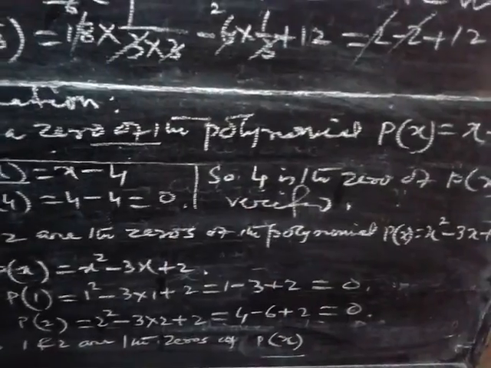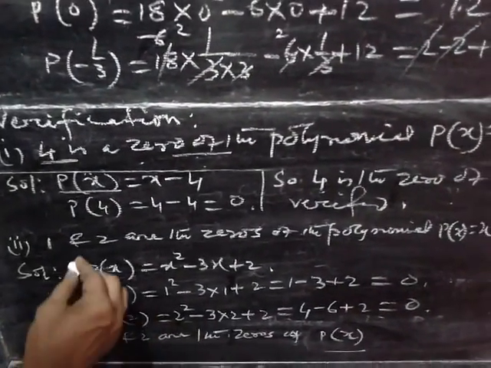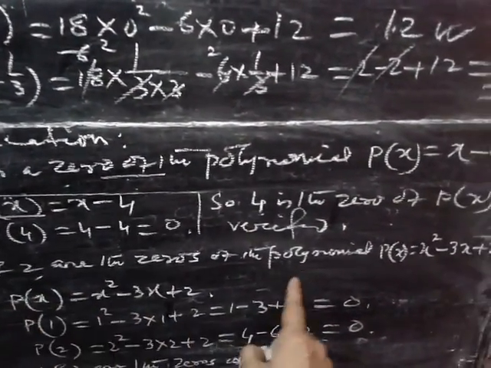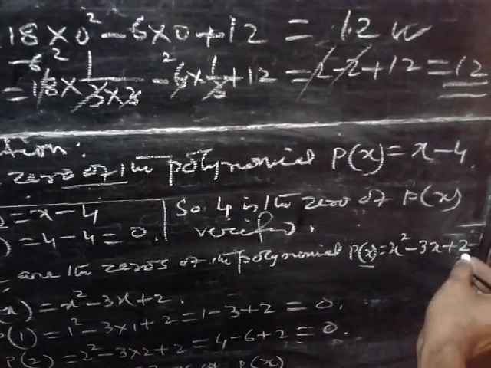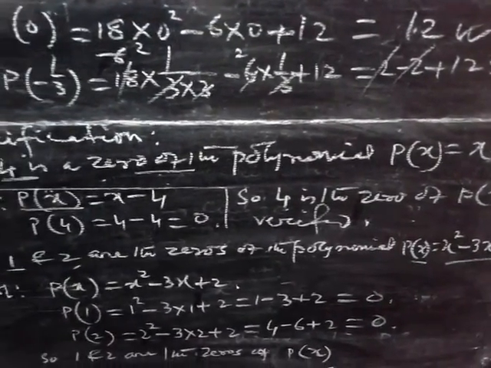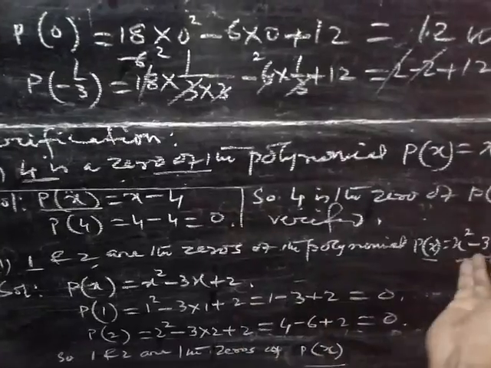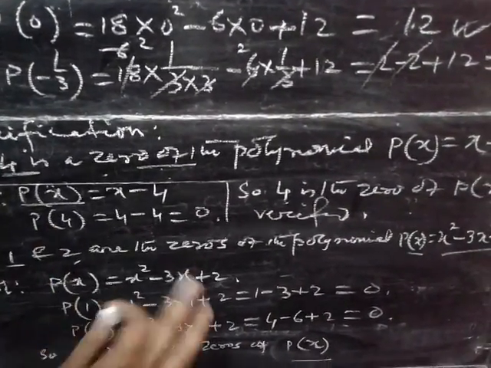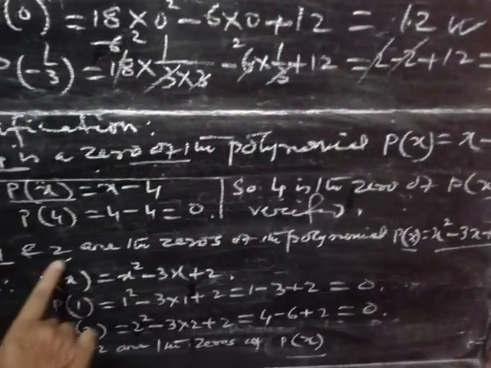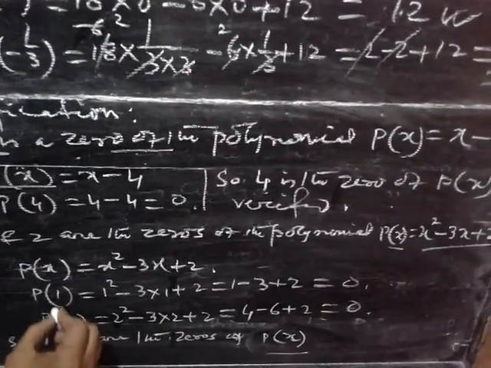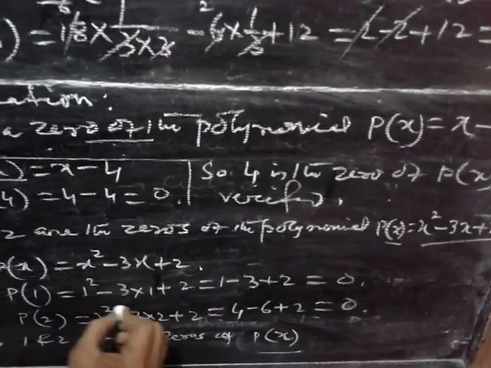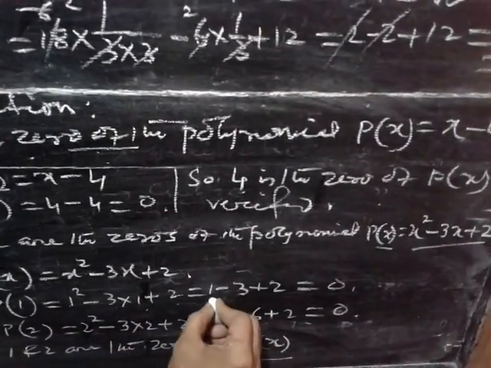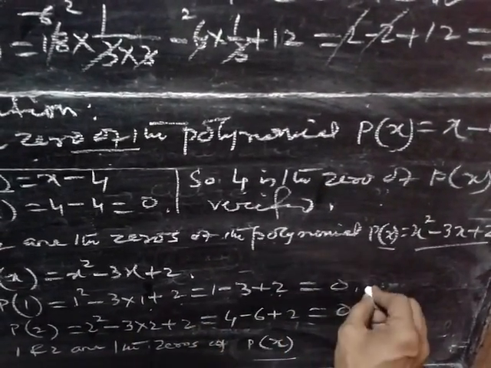This is verified. Now if it is asked whether 1 and 2 are the zeros of the polynomial p(x) equal to x square minus 3x plus 2 or not, once again p(x) is given. We have to verify whether 1 and 2 are zeros or not. So p(1) is 1 square minus 3 into 1 plus 2, 1 minus 3 plus 2, this is 0.